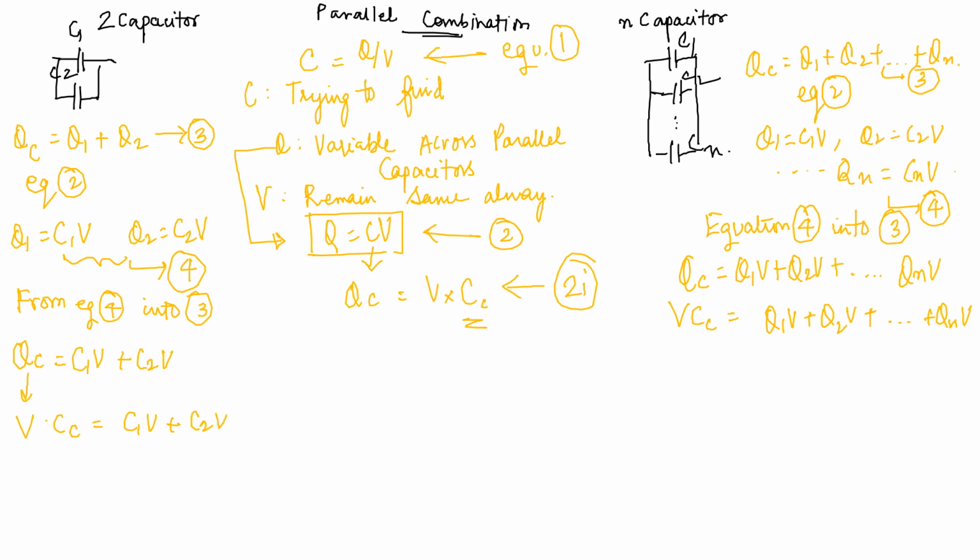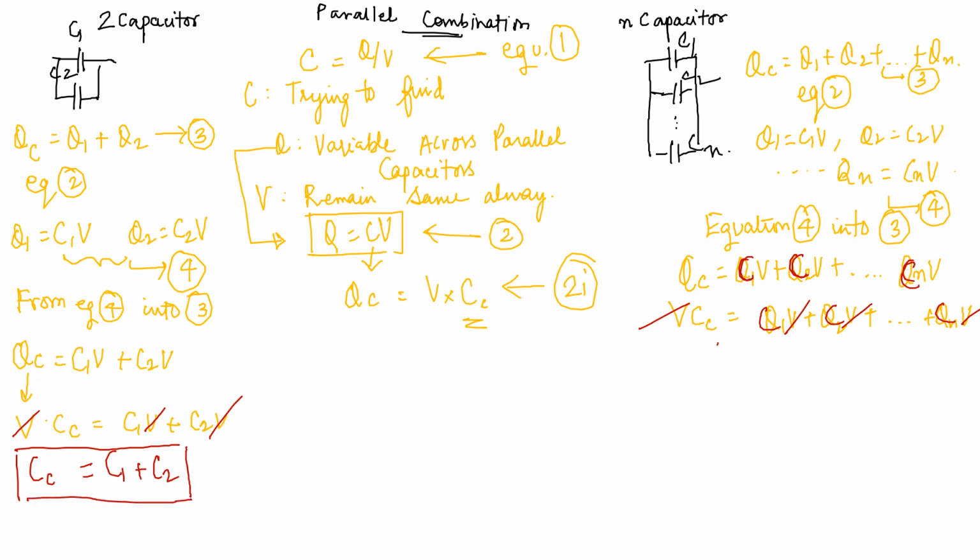So here in both these the V will get cancelled out as it is the same across all the capacitors. And kindly mind, this is not Q1, it is C1. So C combination equals C1 plus C2. This is the combined result for parallel combination. Similarly here C combination equals C1 plus C2 up to Cn. So this is the resultant capacitance for parallel combination.